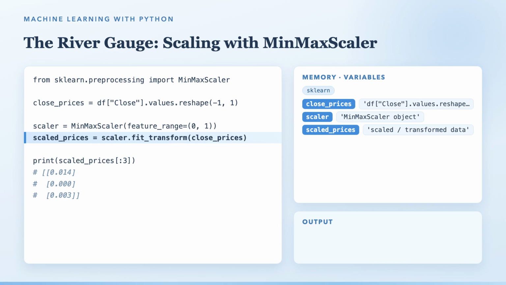Fit learns the lowest and highest price. Transform squeezes every value between 0 and 1. Finally, print scaled_prices, first 3, and we see tiny numbers: 0.014, 0.000, 0.003. Same river, smaller gauge.